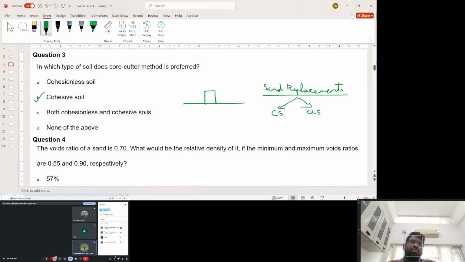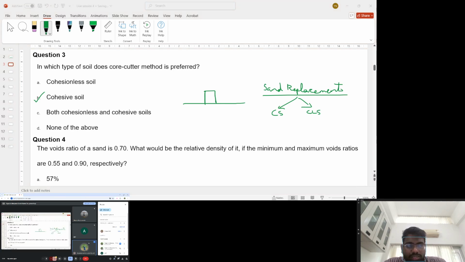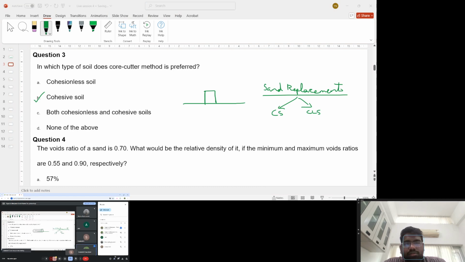Now modern techniques such as nuclear density and several other non-invasive techniques have also been introduced for the measurement of density. But as far as conventional methods are concerned for field density measurement, we use sand replacement and core cutting.